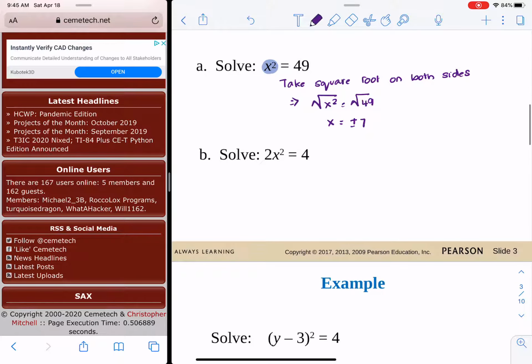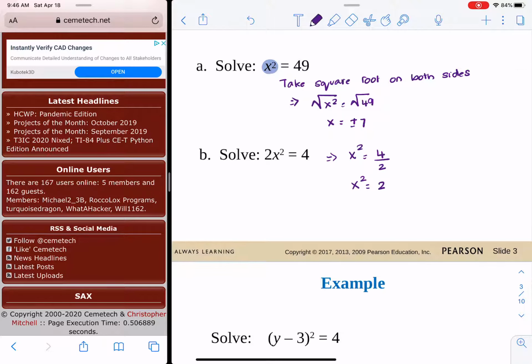In the next example, we have 2x squared equals 4. So we divide by 2 on both sides to simplify first. So x squared would equal 4 over 2, which is simply 2. Notice the right-hand side doesn't have to be a perfect square.